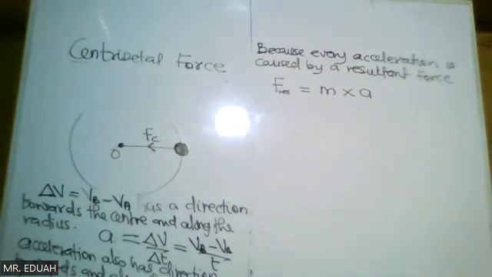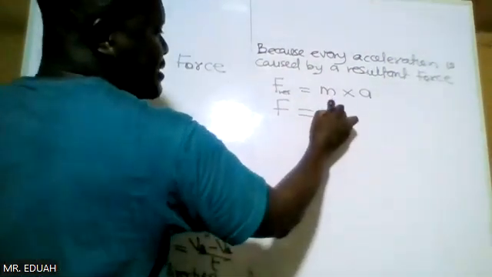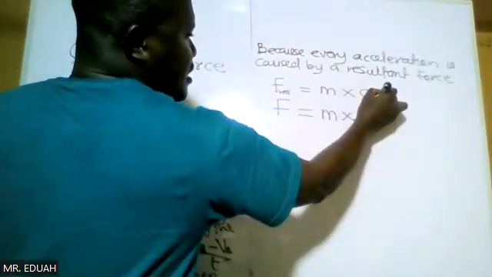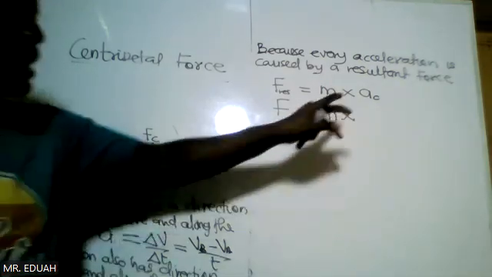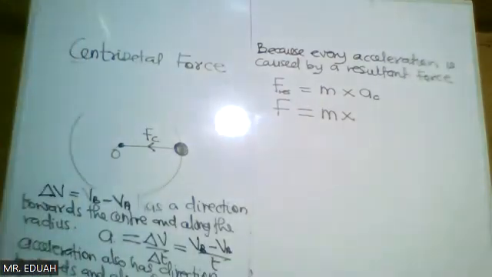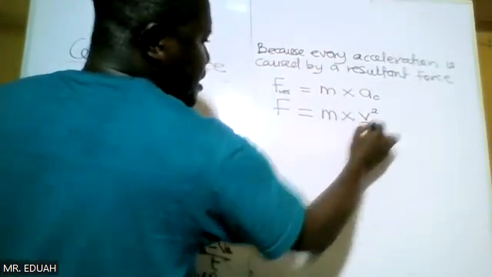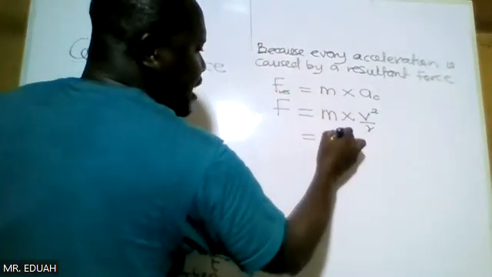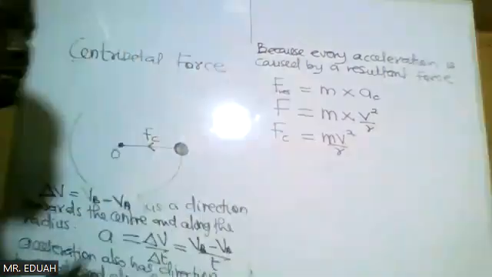So we are interested in this resultant force which causes the acceleration. And so F is equal to mass times the centripetal acceleration, because the centripetal acceleration is actually caused by a resultant force. So M times V squared over R is the formula for centripetal force.